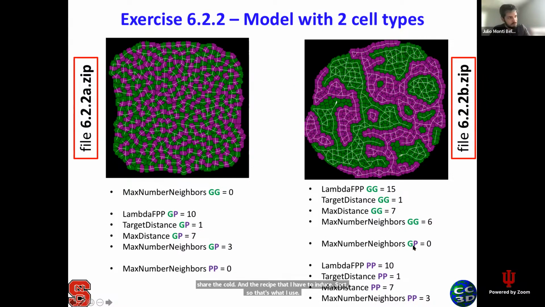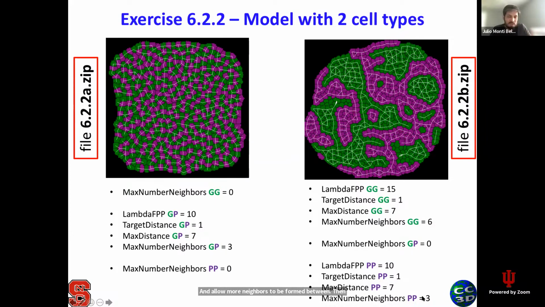I did not allow links between green and purple cells, only between cells of the same type. And what I did here, I made the coupling between green cells stronger. We have a higher lambda here than this other one, and I allow more neighbors to be formed between green cells than between purple cells.